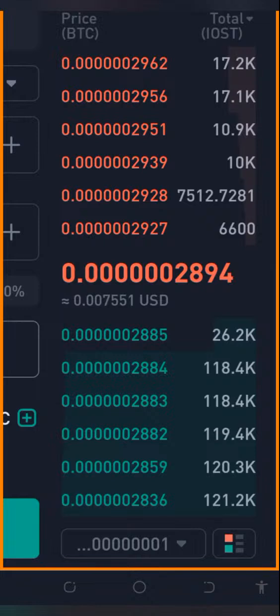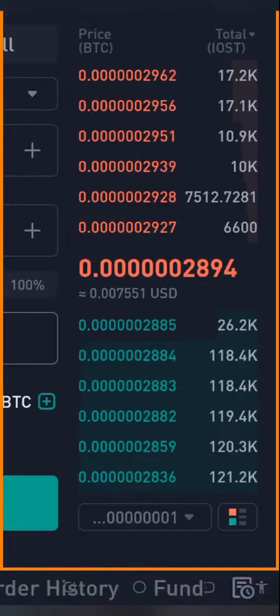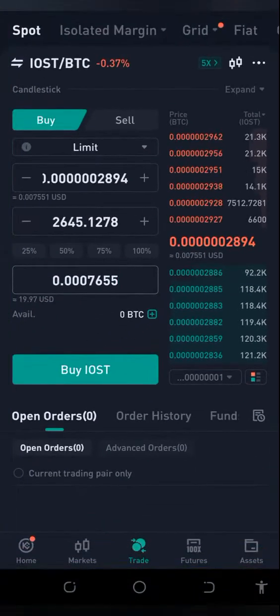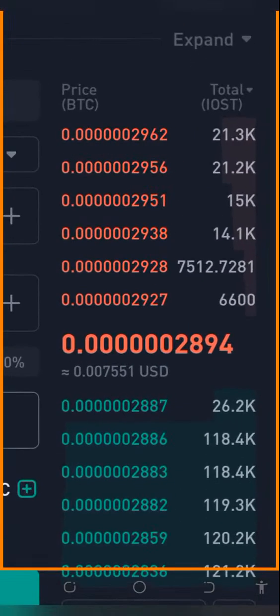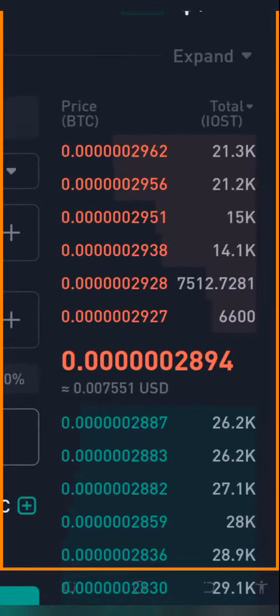No, it means that what they have here is 26,200 pieces of IOST already in the queue to be bought. Same goes here. We've got 6,600 pieces of IOST that want to be sold.